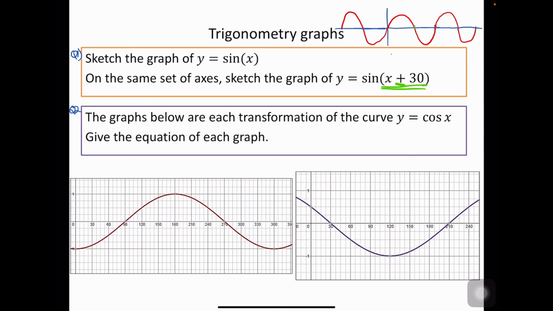So this is 180. This is 360. This is not going to be the easiest sketch to do, so I'll just try my best.